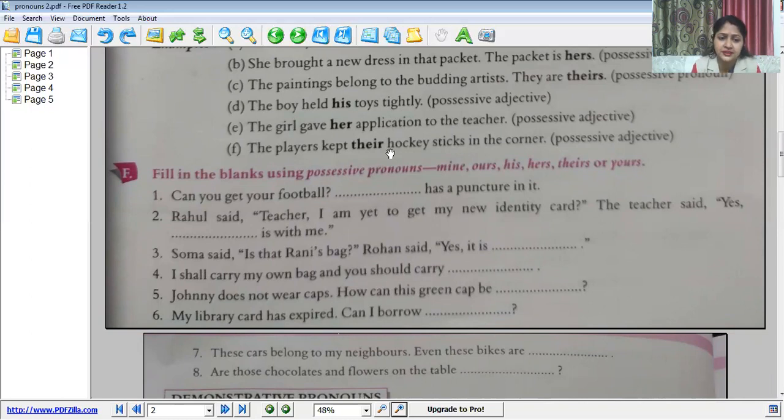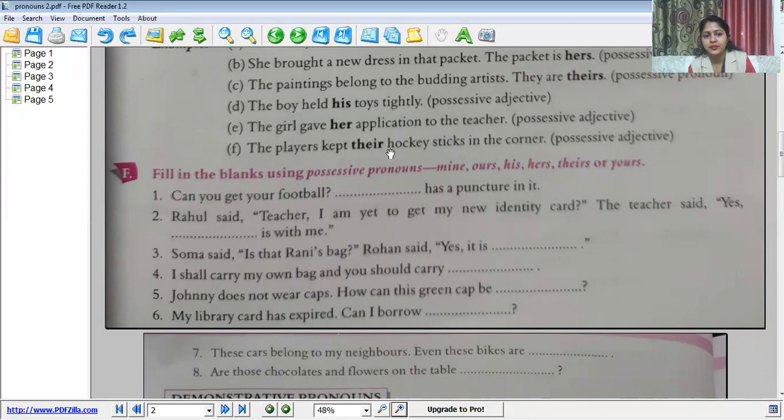The first sentence, can you get your football? Dash has a puncture in it. Mine has a puncture in it. Okay, children? The next sentence, Rahul said, teacher, I am yet to get my new identity card. The teacher said, yes, yours is with me.